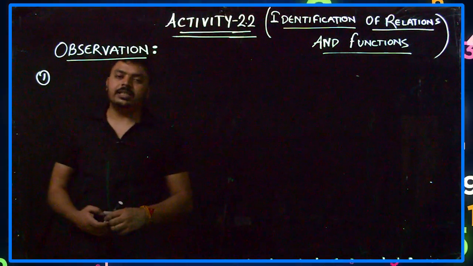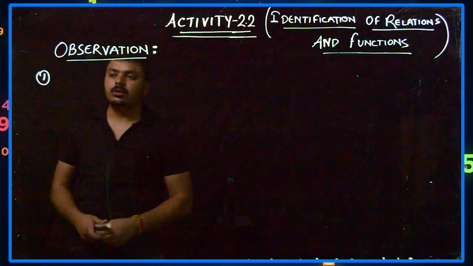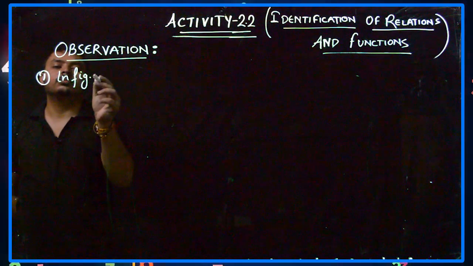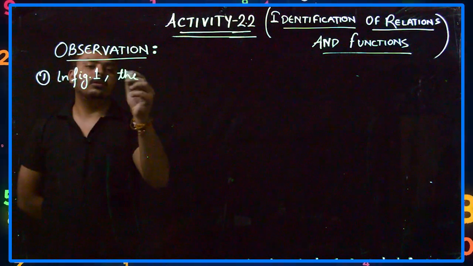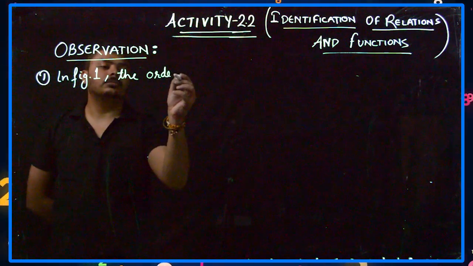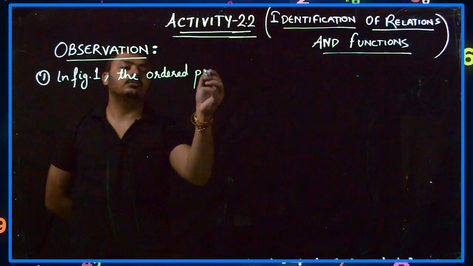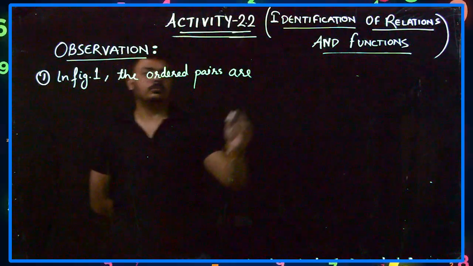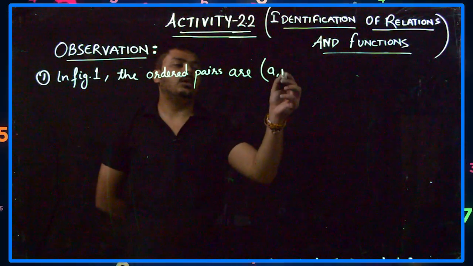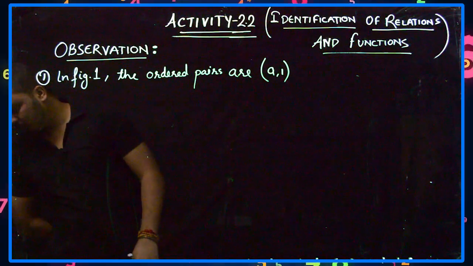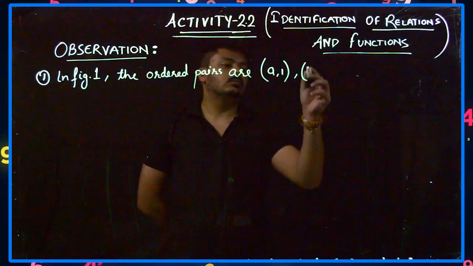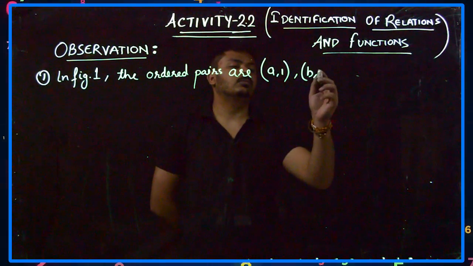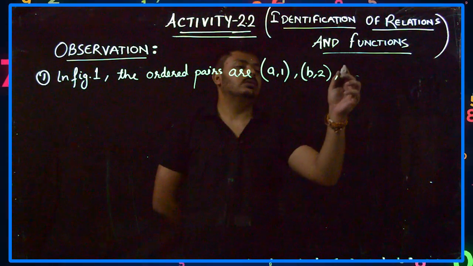So students, now let's see the observation for the given activity. First, in figure 1, the ordered pairs are A1, B2 and C3.